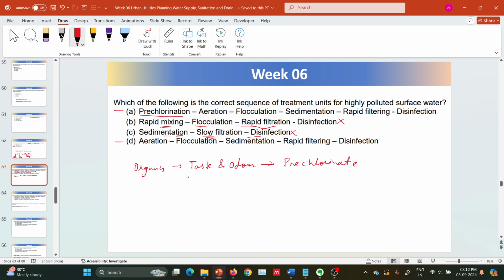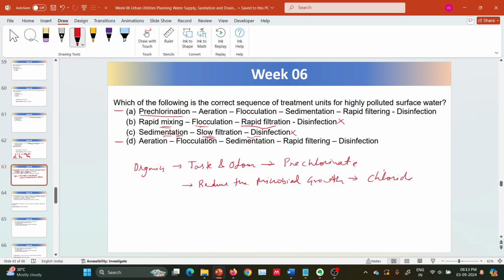If it contains high pollution, the microorganisms may also grow further. So in order to reduce the microbial growth, we'll provide chlorine so that the pipes and the units which are already there do not affect the treatment.